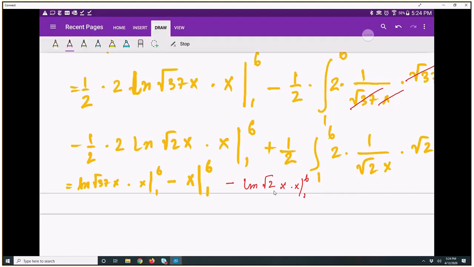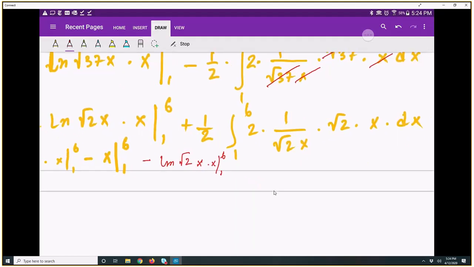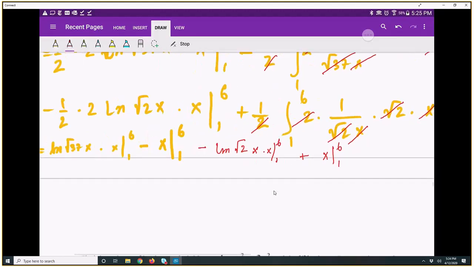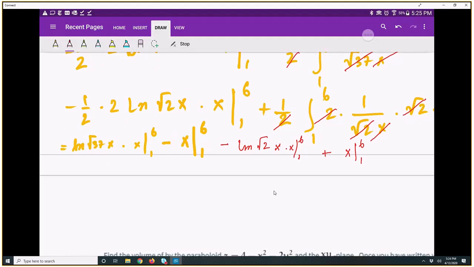And then I'm going to talk about this integration here. Again, you can cancel the square root of 2 and square root of 2x and x. 2 and 2 will cancel each other as well, like it did in the last one. So I get a positive integration of dx is x 1 to 6. So as you can imagine, I will now cancel this negative x 1 to 6 and this positive 1 to 6 and evaluate the rest.